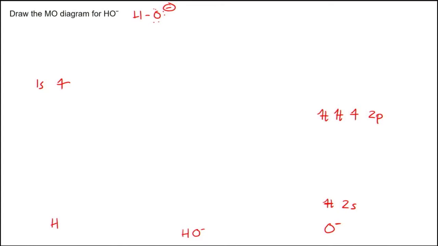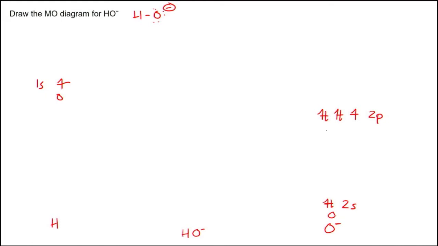The thing to point out is that because the 1s is so much higher in energy than the 2p and the 2s, the 1s is really only going to interact with the one orbital on the 2p that it can actually form a molecular orbital with. The 2s has the right shape in both of these cases, but the 2s is just so far down.